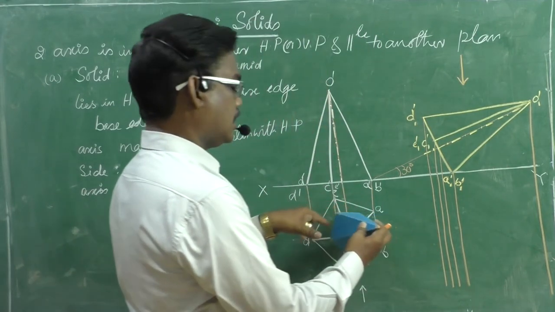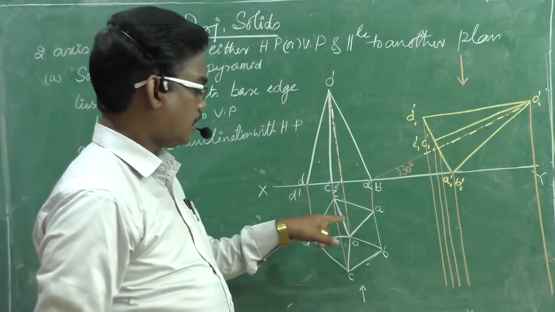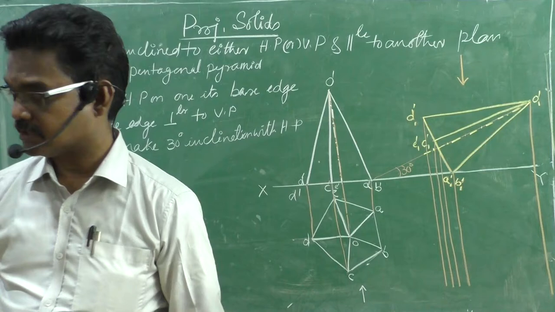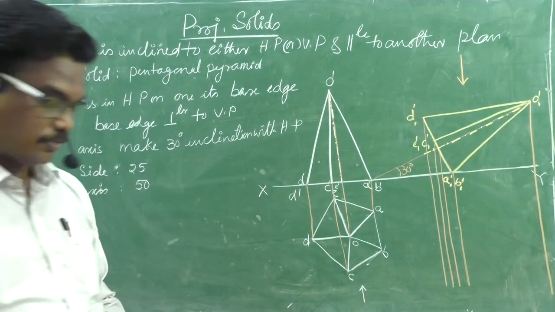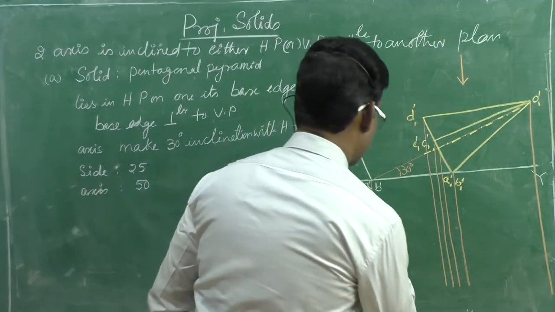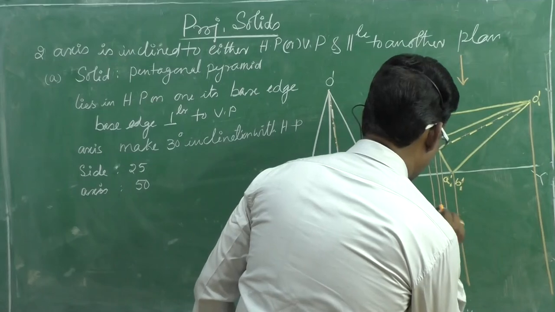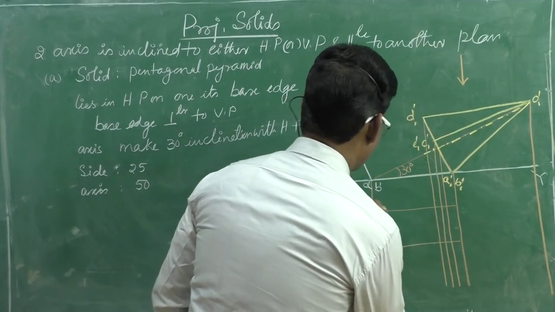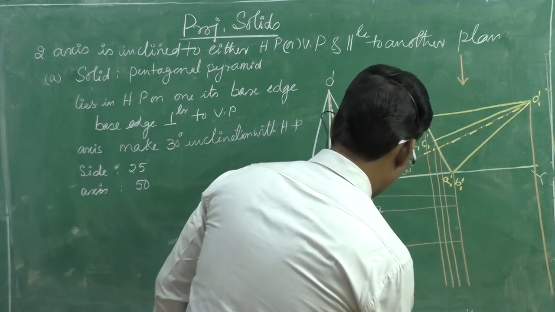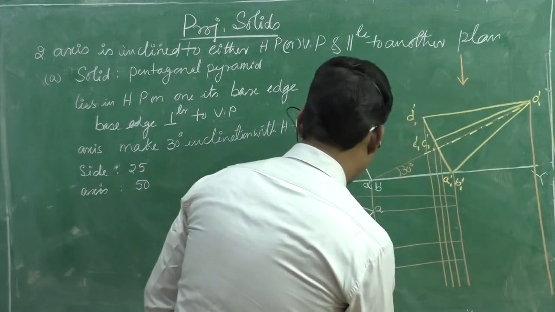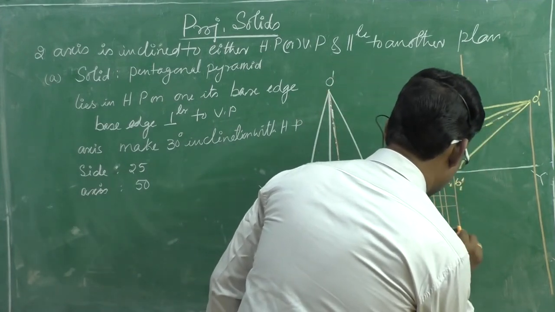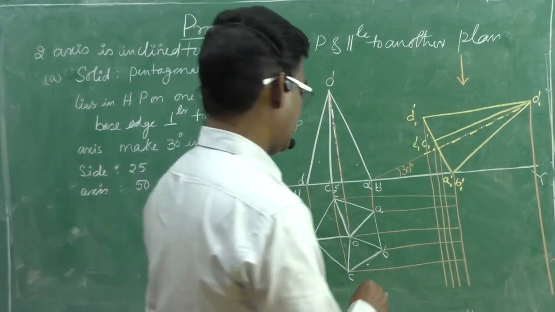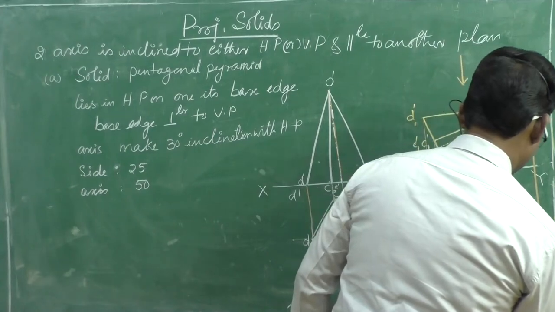That means after the tilting, only on this locus line the vertex will lie. Therefore, we need to project A horizontally, B horizontally, E horizontally, C horizontally, and D like this, right? Now we need to project the vertex also.